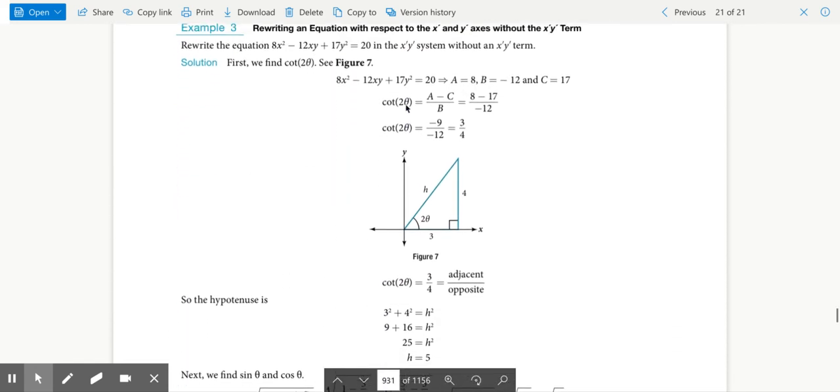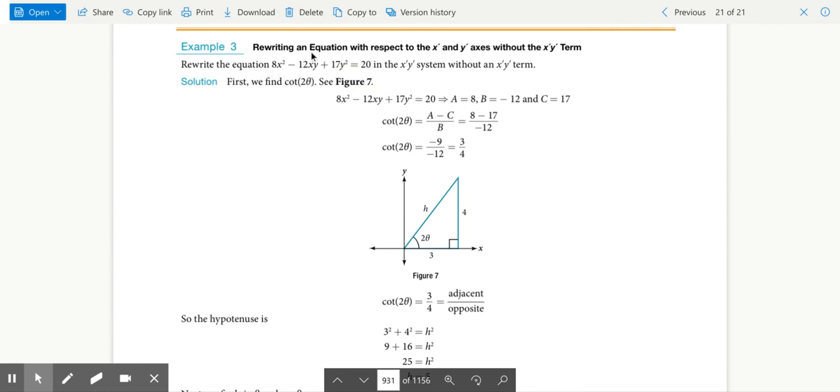So in this example, we're given an equation, and we want to find the same equation, but in terms of x prime and y prime, but we're not given theta, so we need to use this equation. So plugging in our A, B, and C, we get that cotangent of 2 theta equals 3/4. We can just use a calculator to find theta.